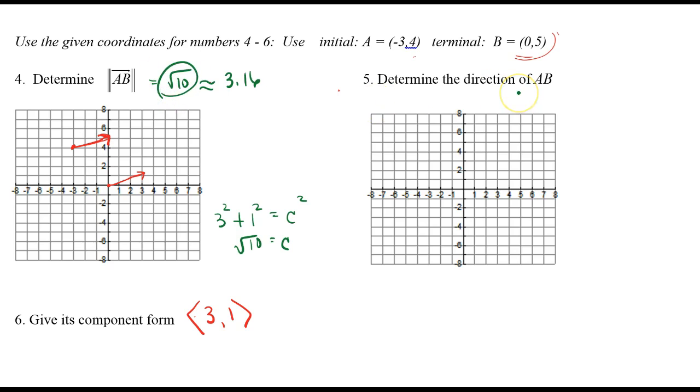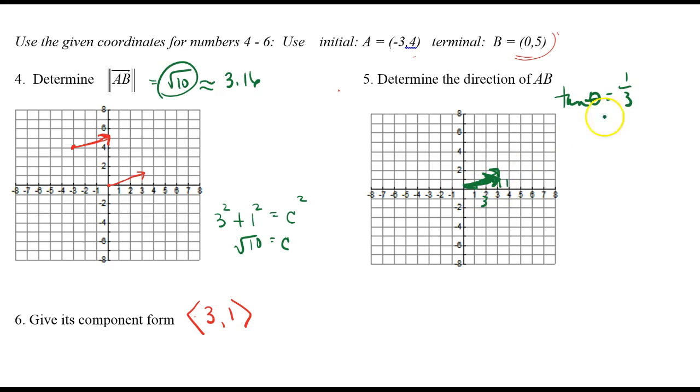Now determine the direction of AB. So the direction is the angle. So it's still here, so I need that little angle. So if I need the angle, then I know the sides of the triangle. Oops, I drew that just a little too tall. Sorry, it's really down there. I need the sides of the triangle. That was 1 and that's 3. So I'm going to do like I did in the notes and just do that the tangent is 1/3.